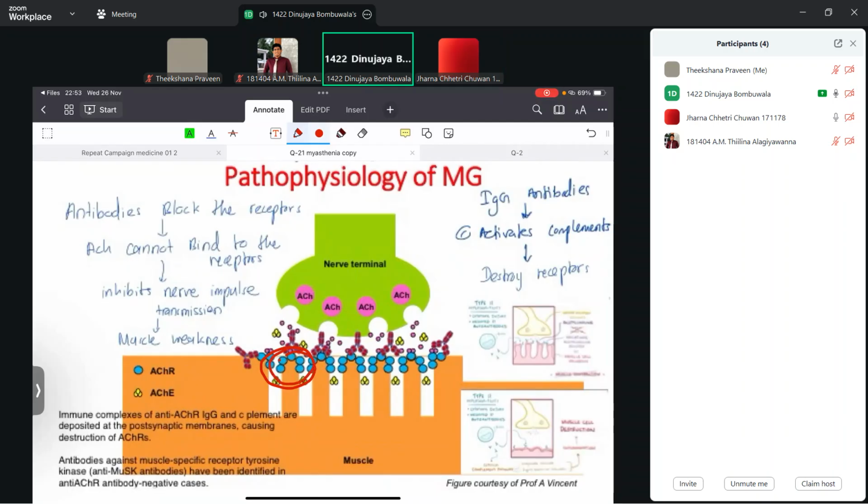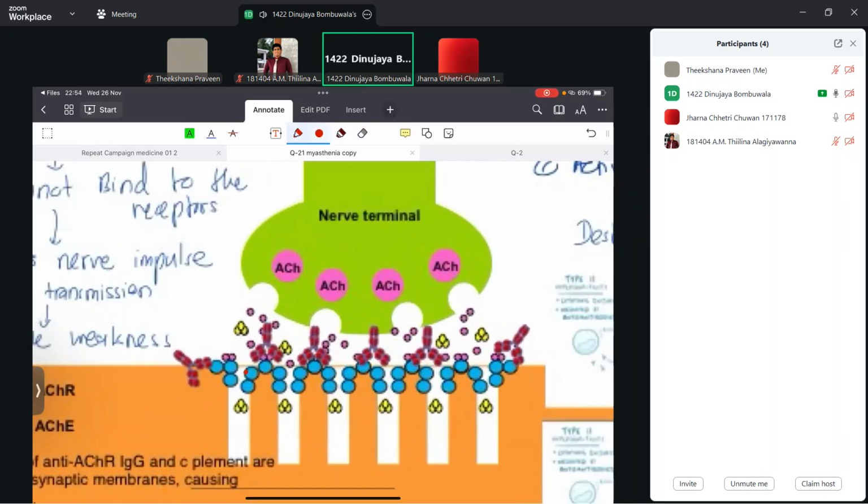So acetylcholine can't bind to the receptors because there are no receptors. In treatment, we increase the acetylcholine levels at the neuromuscular junction. Even if there are fewer acetylcholine receptors, if there is a high acetylcholine amount, the total transmission would be increased.